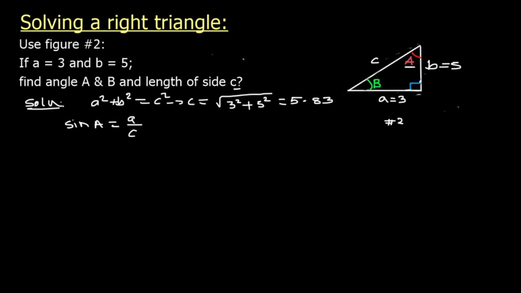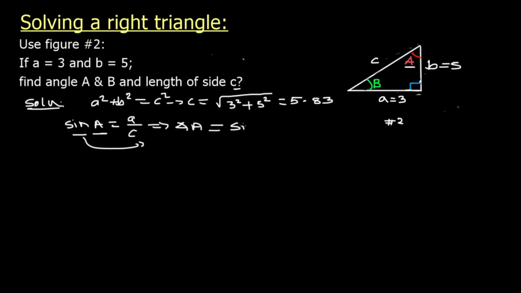All right. So this means angle A is what we are interested in. Angle A equals sine inverse. Once sine crosses the equal sign, it takes the inverse.